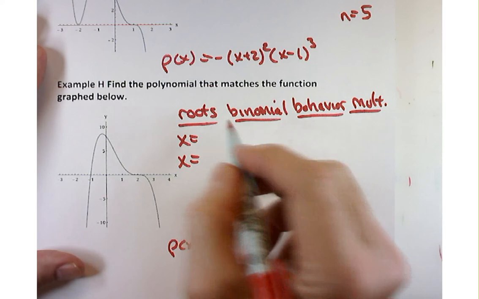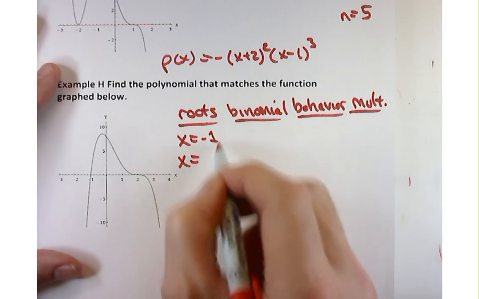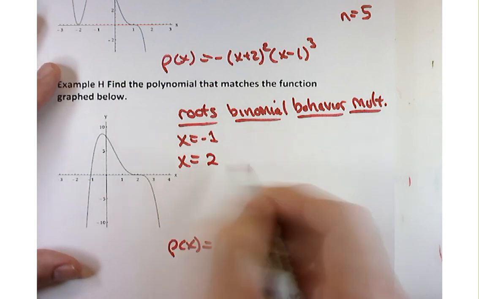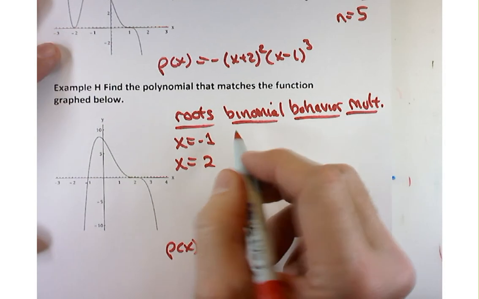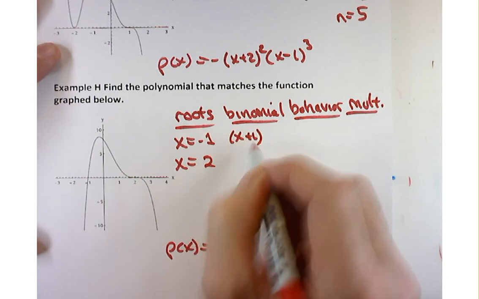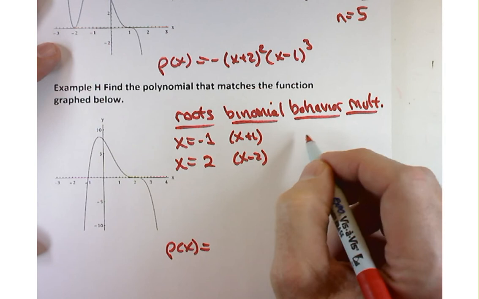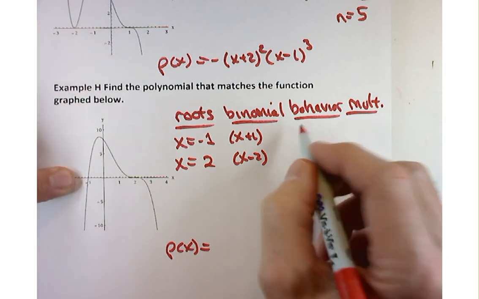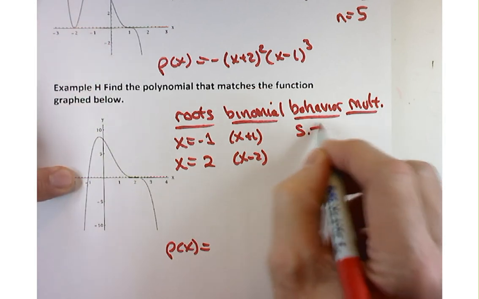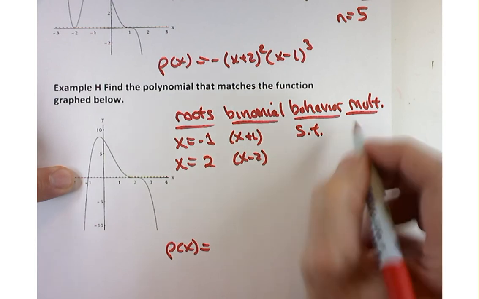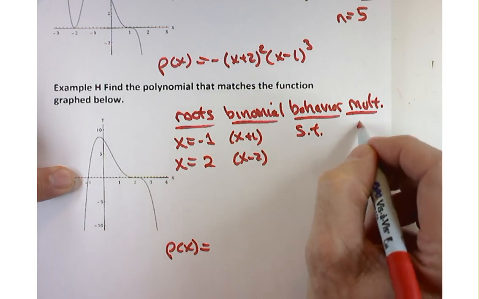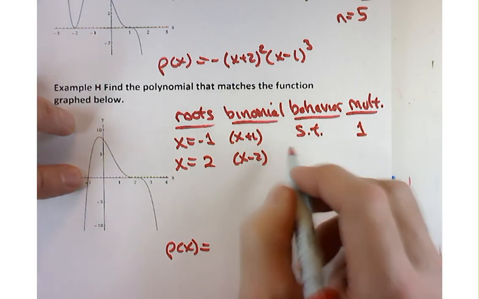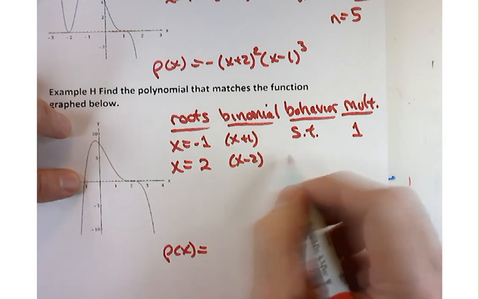Let's look down here. Roots at -1 and 2. Well, actually not again, I guess. It's a little bit different. So x plus 1 and x minus 2. What's the behavior at -1? Straight through, nice. And that has a multiplicity of? 1. All right. How about this one?